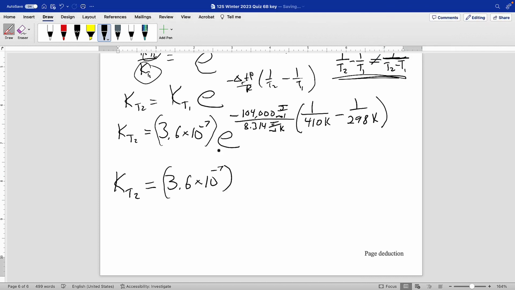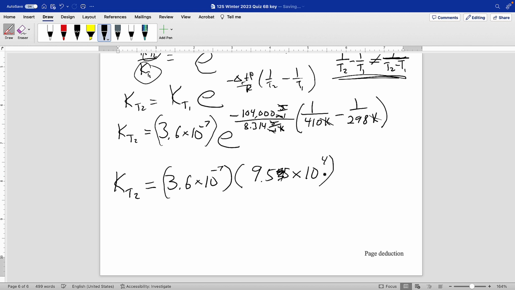So if we take this exponential, we're going to end up, oh, actually, let's check our units first. So joules cancel joules, moles cancel moles, reciprocal kelvins on the bottom cancel reciprocal kelvins on the top. So it's unitless, which it had better be because we're plugging it into an exponential. So we get that the exponential part of it came out to be 9.55 times 10 to the fourth.